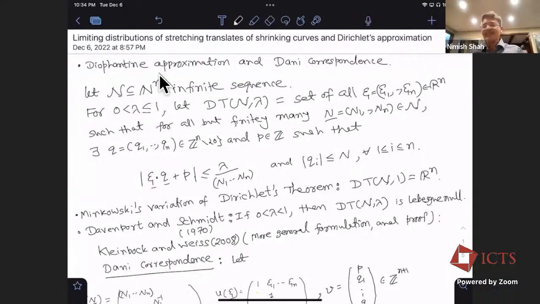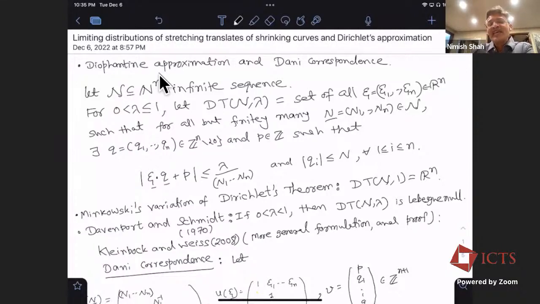So what I'm going to speak today is something which I very much learned from Professor Dani, and I started this kind of investigation and a big part of this work when I was in Tata Institute. And it begins with what is called Dani Correspondence.